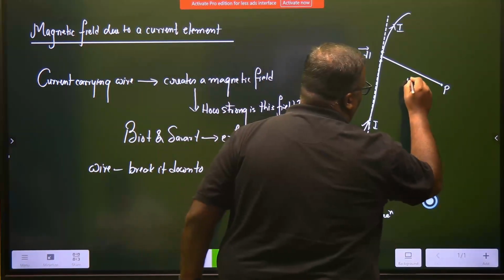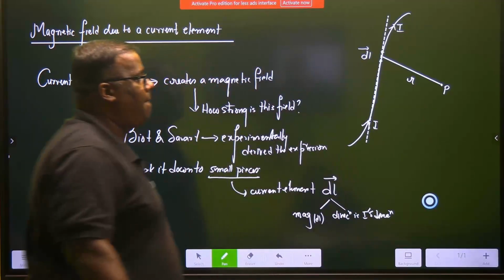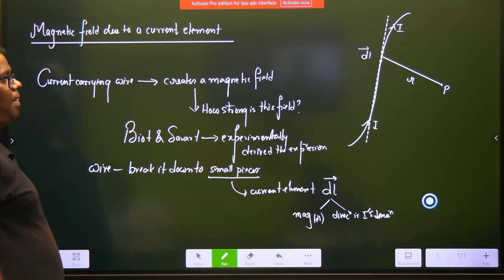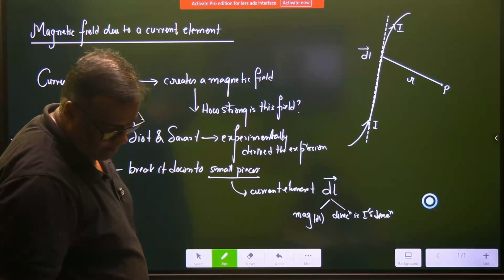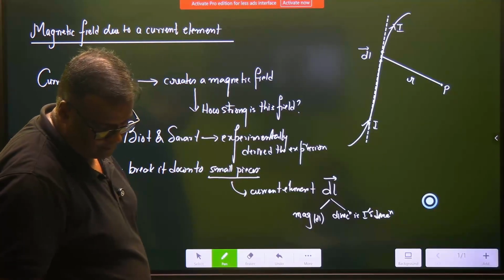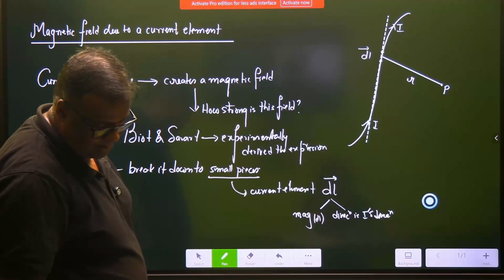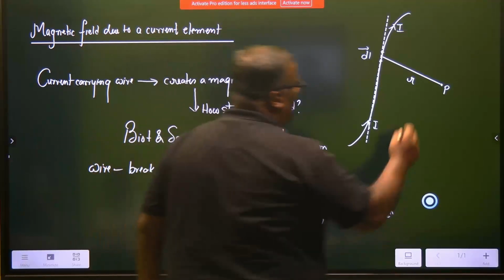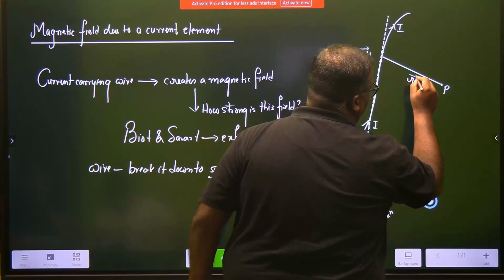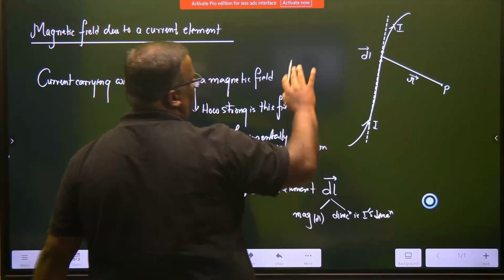This is r. Now r is also shown as a vector, and the vector is from dl to P.